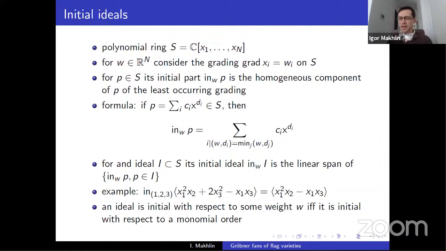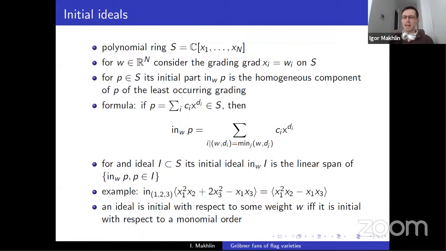And well, perhaps many of you, most of you probably who've met initial ideals have met them in a slightly different setting, where they are defined with respect to monomial orders. So where we take all the monomials in the ring and we take a multiplicative ordering of them.